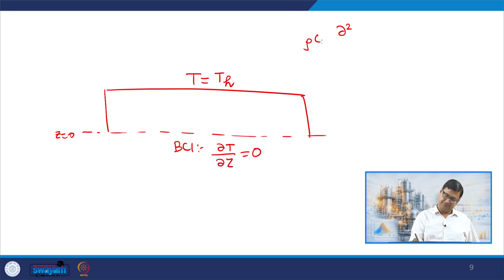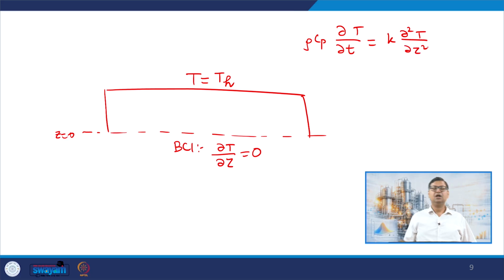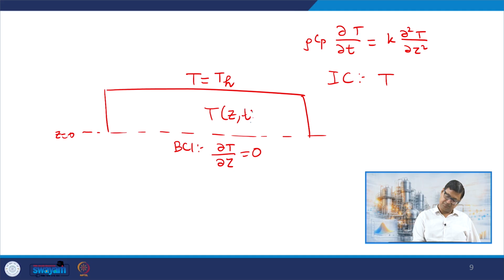So we still have the same heat equation. My initial condition is also the same. I am solving for T(z,t). My initial condition still is T(z,0) is T naught.